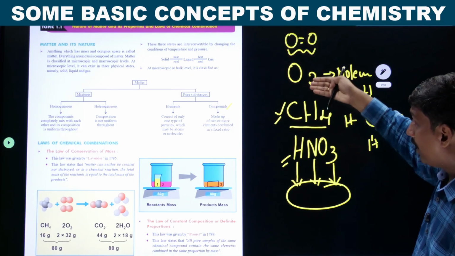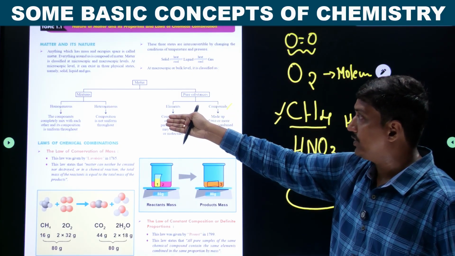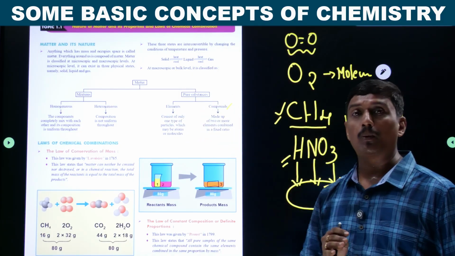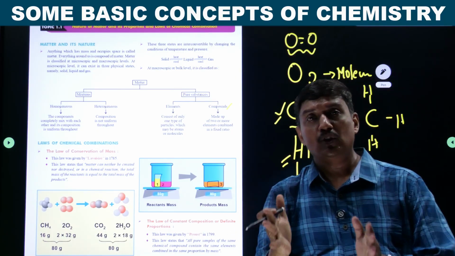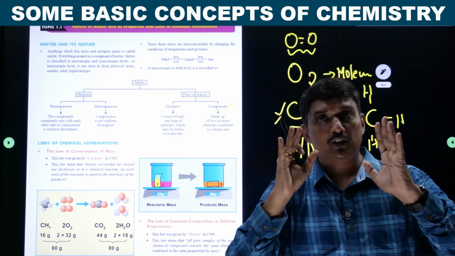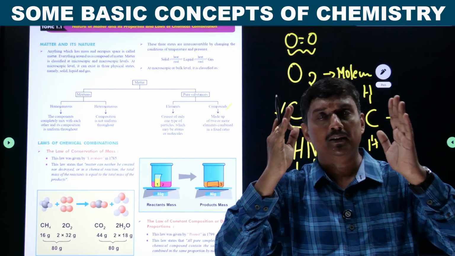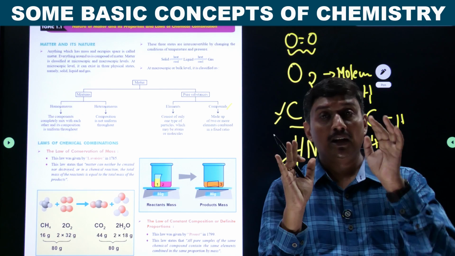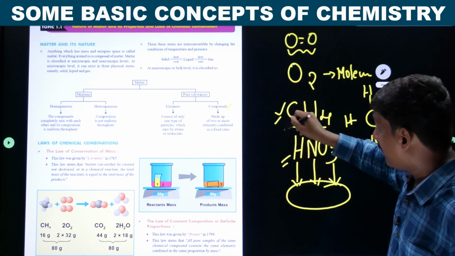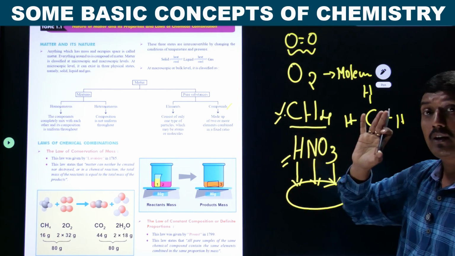See, this is how we can differentiate elements and compounds. This is also pure. If you take methane gas, you find only CH4, CH4, CH4 in millions. It is not mixed with any other substances. Hence, it is said to be a pure substance, but it is a compound.